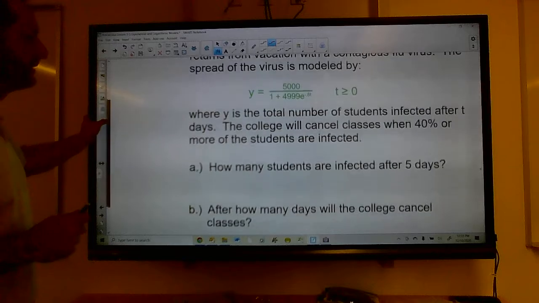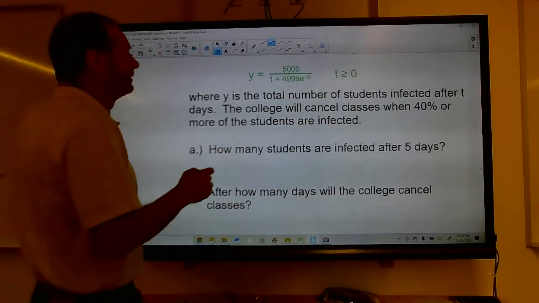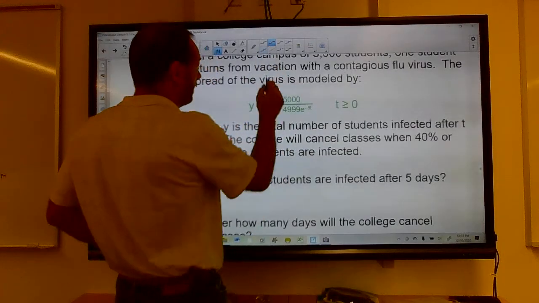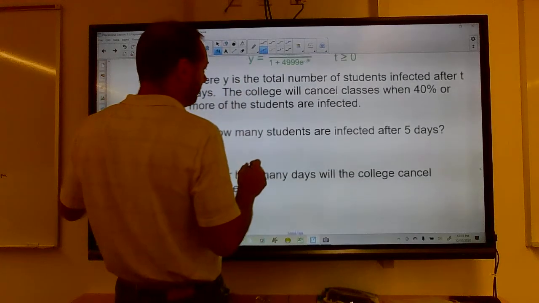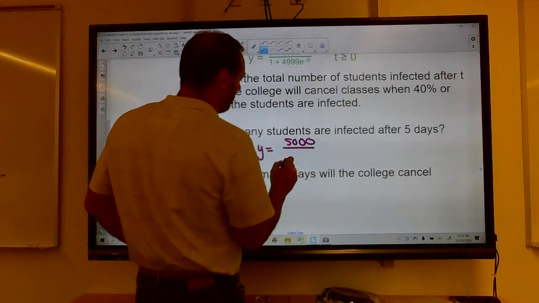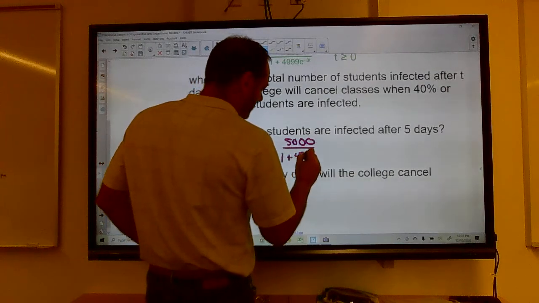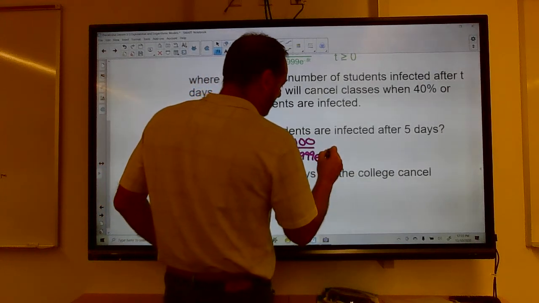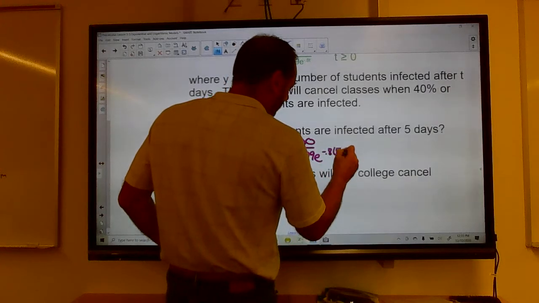Okay, so that's pretty easy. T is 5. So I just go ahead and put in t equals 5. So y is 5,000 divided by 1 plus 4,999 e to the negative 0.8 times 5 power.